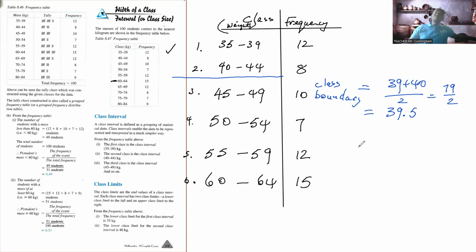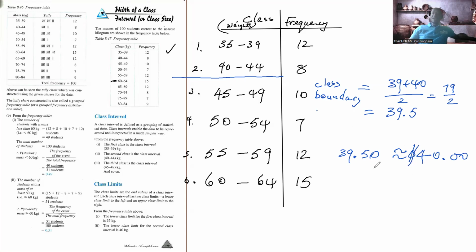All right. This is the lower boundary for the second interval. It means that if I have $39.50, it is still approximately $40. Everybody agree with that?